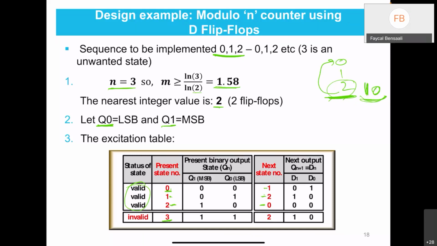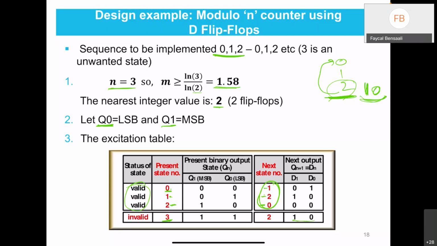So, and now if I am in 3, which is unlikely to happen, but if it happens, I need to redirect it to one of those states. Which state should I choose? The state that will give me the best logic. So ideally, here I put state 2.